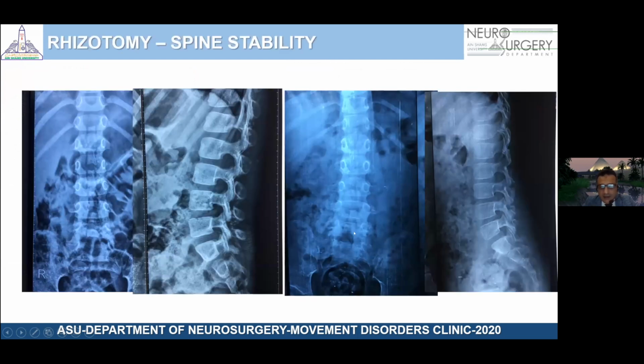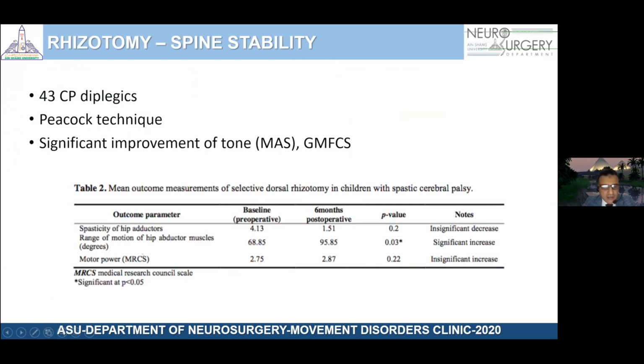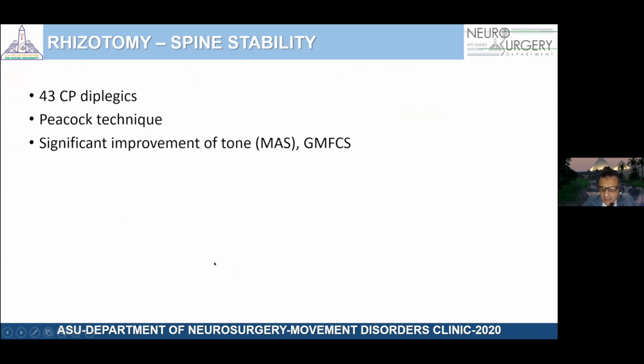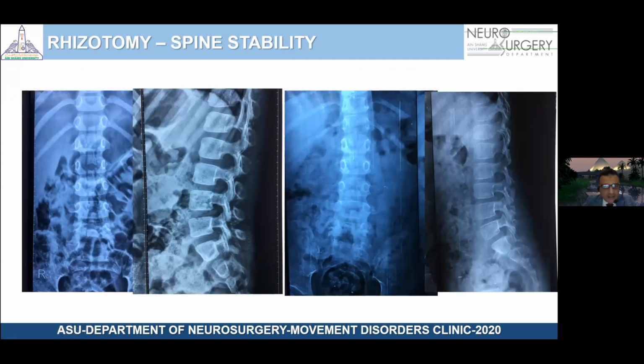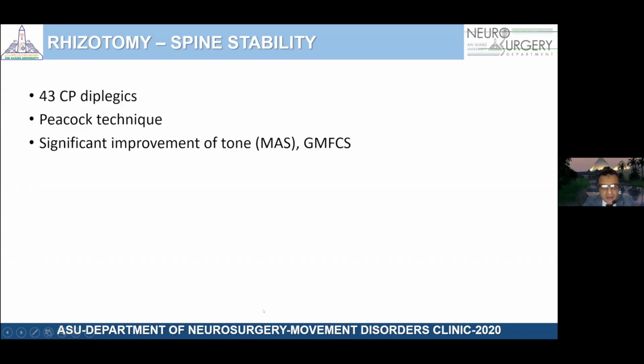Regarding the post-operative spine status after rhizotomy and multi-level laminotomies, we didn't find any drawbacks of doing multi-level laminotomies. All cases had good fusion and good spine alignment after surgery, up to 10 years after surgery.